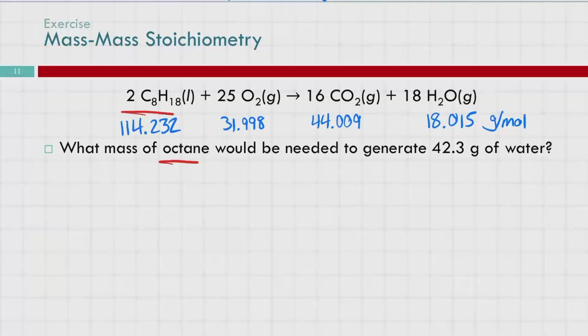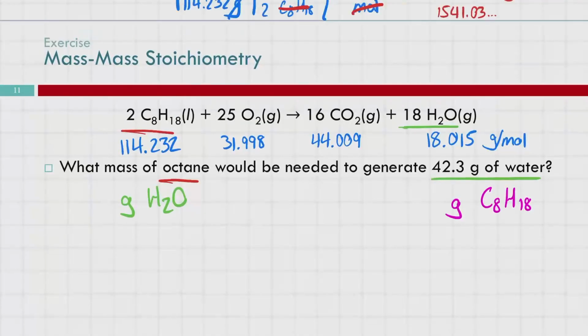So we wanted to know what mass of octane, so we're looking for the mass of octane, would be needed to generate 42.3 grams of water, and water is H2O. So we are going from grams of H2O to grams of octane, which is C8H18.